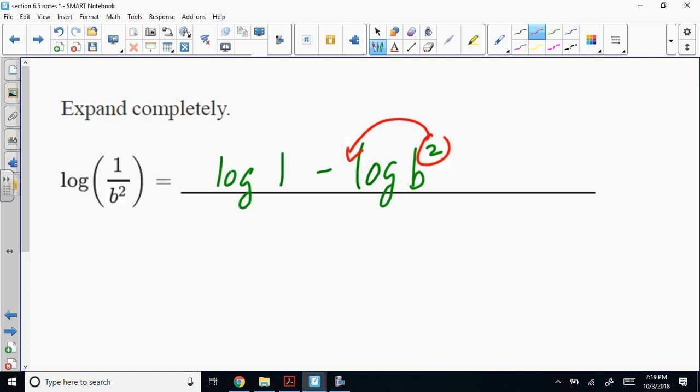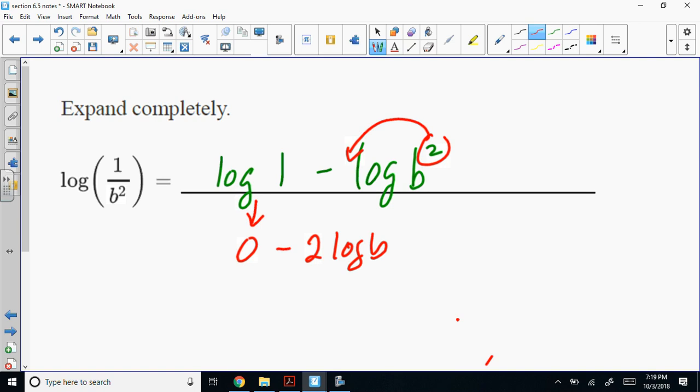Guess what? Look on your property list and see if the log of 1 is 0. Yep, there you go. So this is really 0 minus 2 log of b, because this becomes 0. Now, how do you check that? Well, if it's the log of a number, you need a calculator.